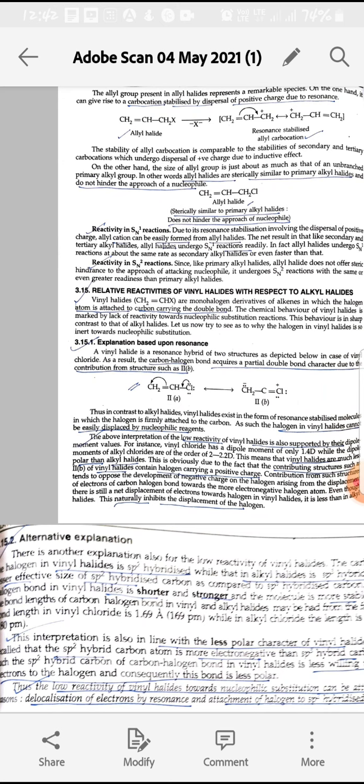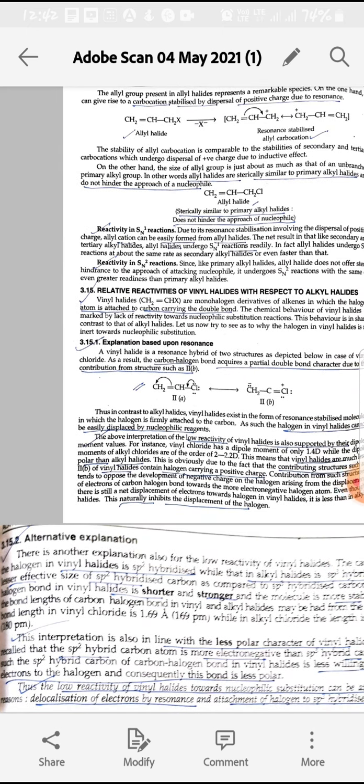There will be greater electronegativity and stronger forces of interaction between the carbon and the halogen group, and there will be less displacement of the halogen group with its electrons.